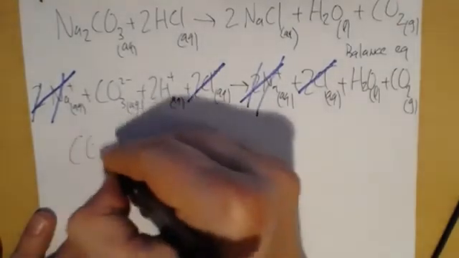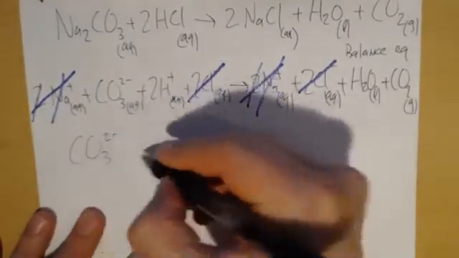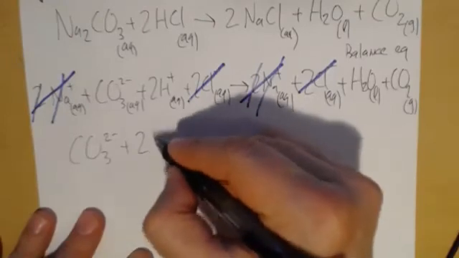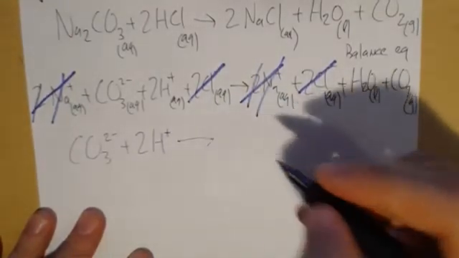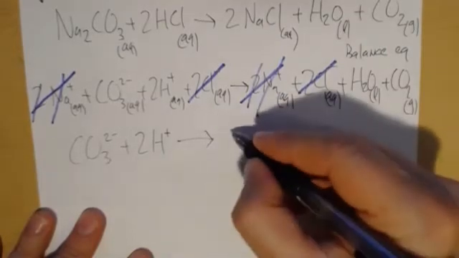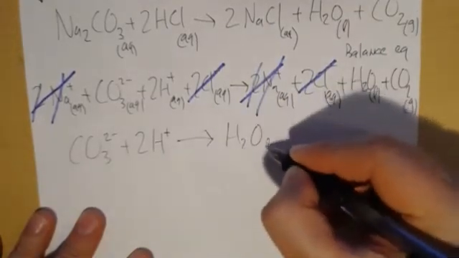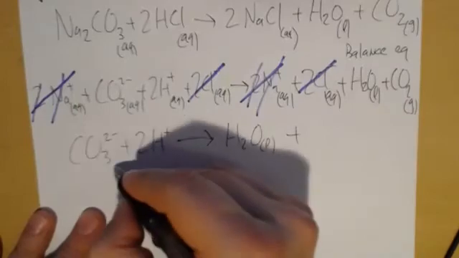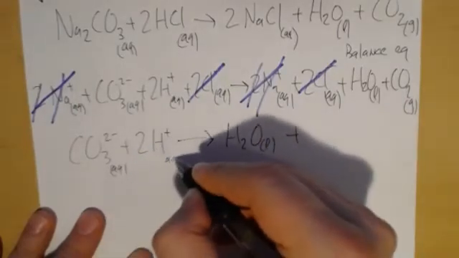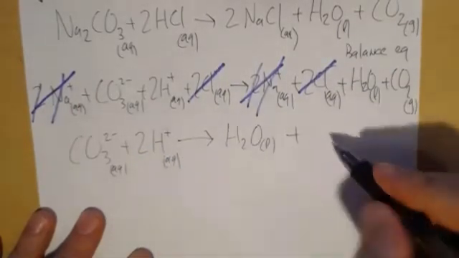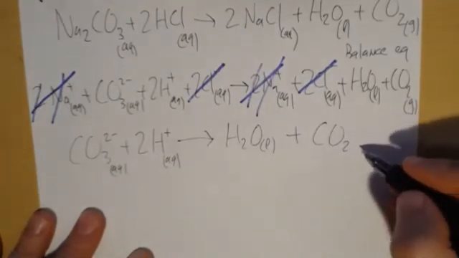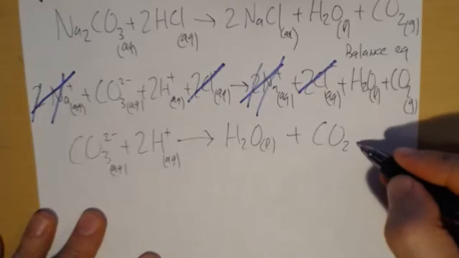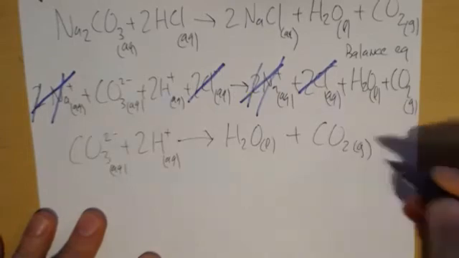When a carbonate ion in solution finds 2 hydrogen ions in solution, they form water, liquid. Oh, these are aqueous, by the way. Aqueous, aqueous. They form water, liquid, and carbon dioxide gas. So this equation is the Alka-Seltzer equation, right?